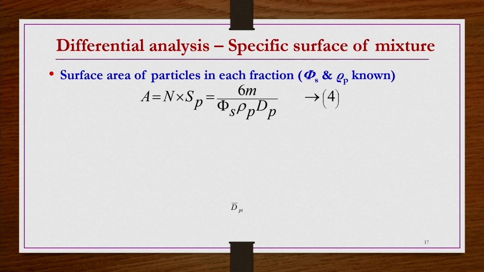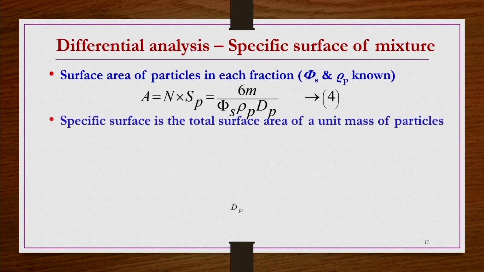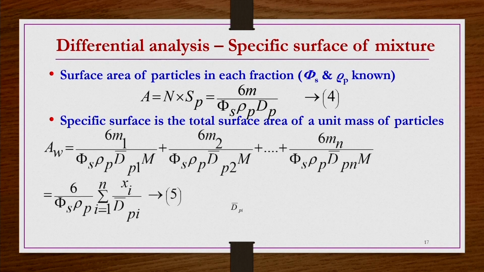It is the same as for a uniform mixture, but it is valid only for an individual fraction. Now, specific surface is the total surface area of a sample per unit mass of the particles, or whatever sample you have taken. So this A, if you divide by m and then add them together for all the increments, this is for one increment.